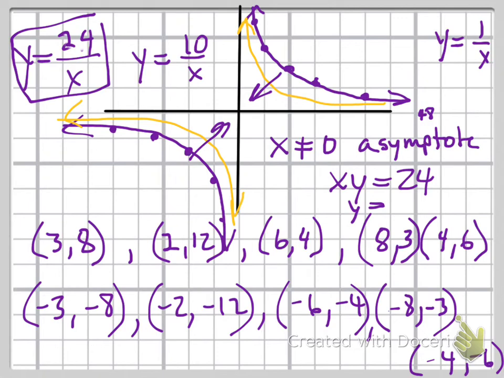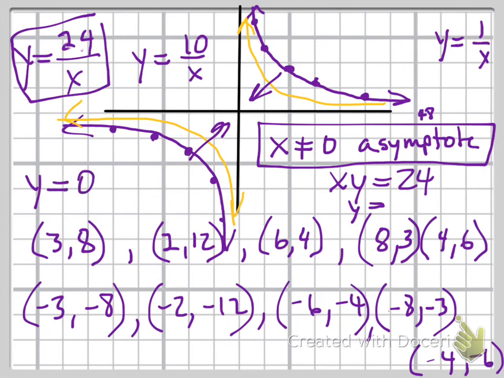All right. So x equals 0 is what we call an asymptote. It's a vertical asymptote. And in this particular case, somebody pointed out that y cannot be 0 either. Y equals 0, which in this case is the x-axis, is also called an asymptote. This is something that you're going to have to know eventually.